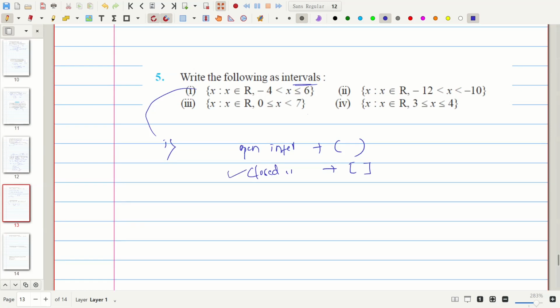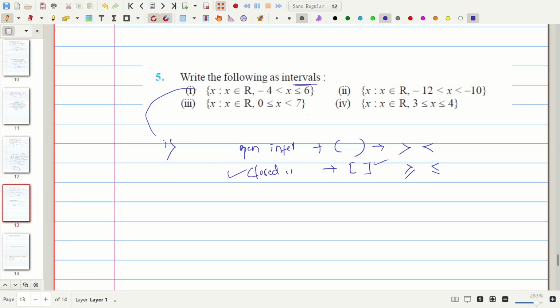One more thing: a closed interval is used when the symbols are greater than or equal to, less than or equal to. And an open interval we write when the symbols are only greater than or less than, only one symbol. Okay, the idea is clear here.